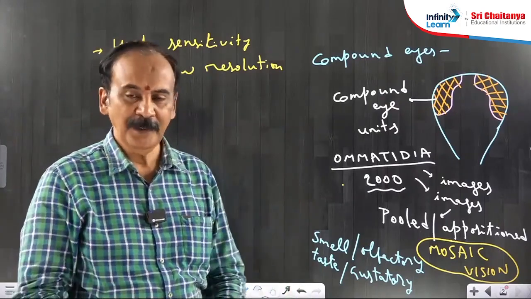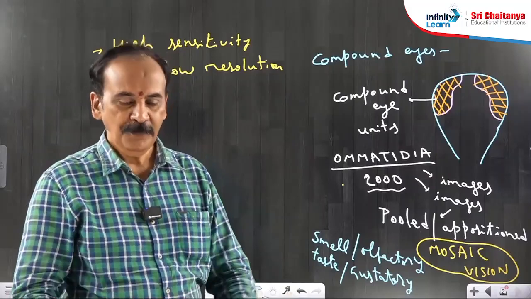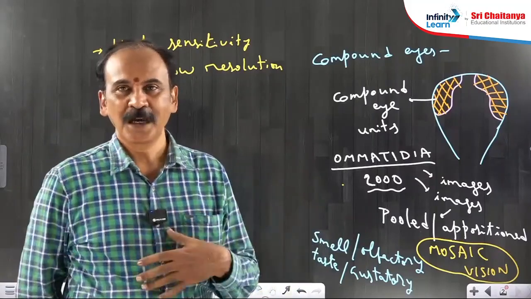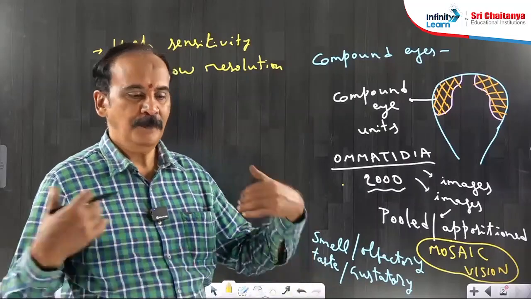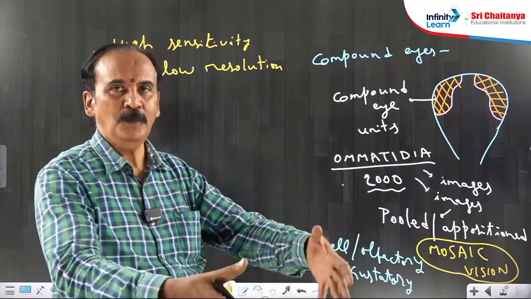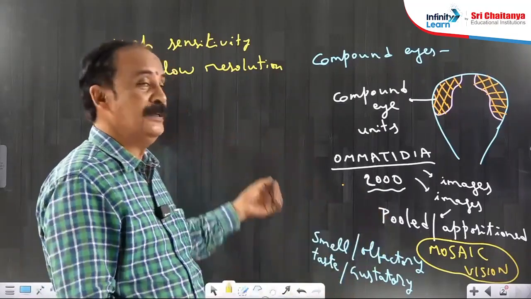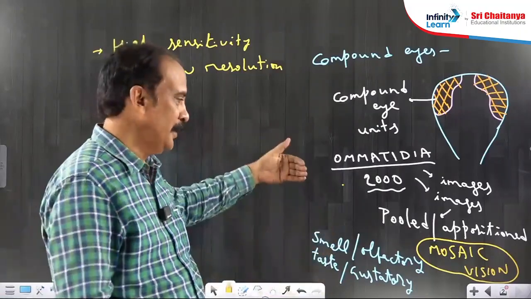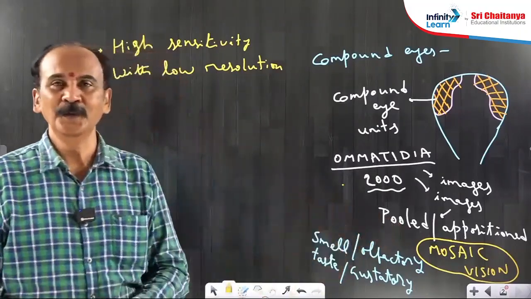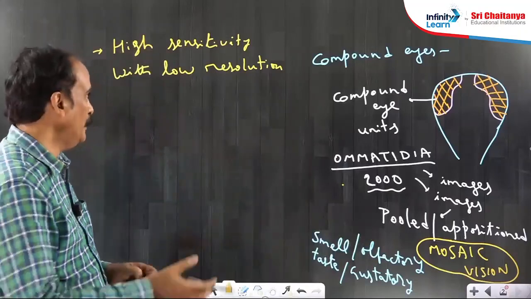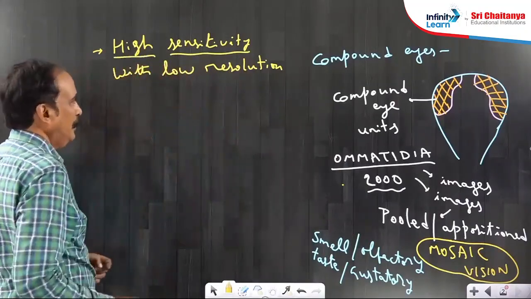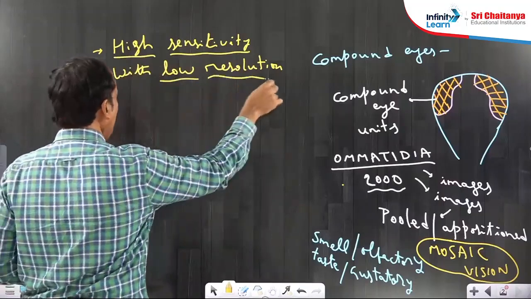For example, if I am in front of a cockroach, even if I am moving my hands, the cockroach can detect. Even if my body structures like my hand movement are moving, they can be detected by the animal, because the smaller parts of images are brought to the brain and it gets a total image there. So it is highly sensitive, but it carries low resolution.